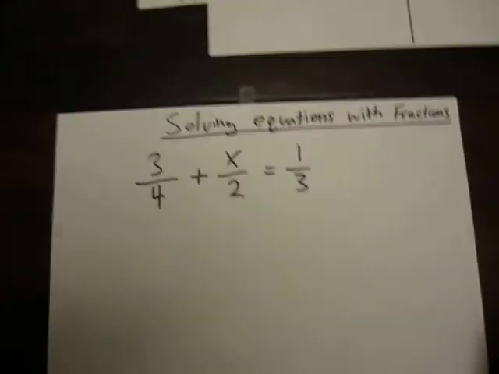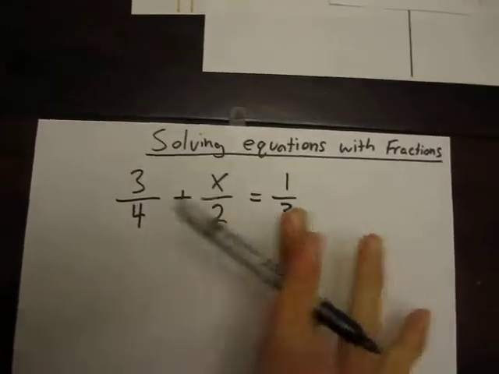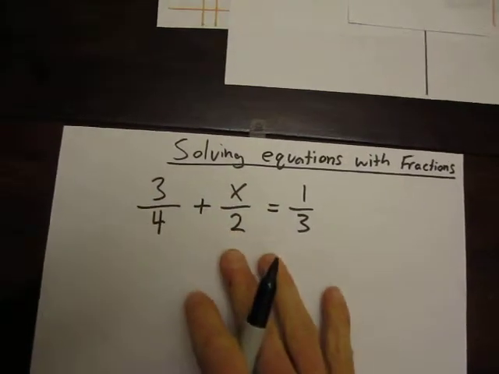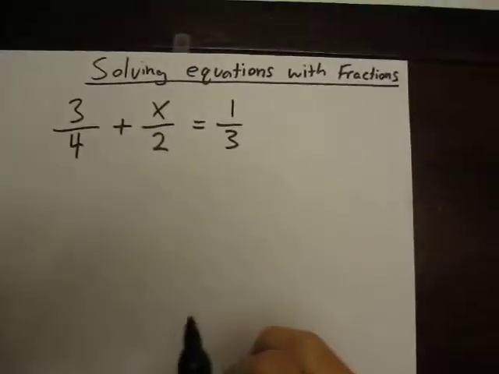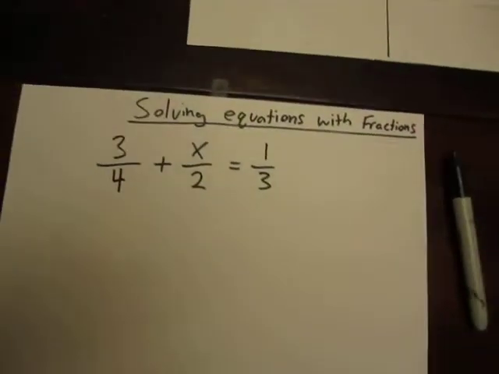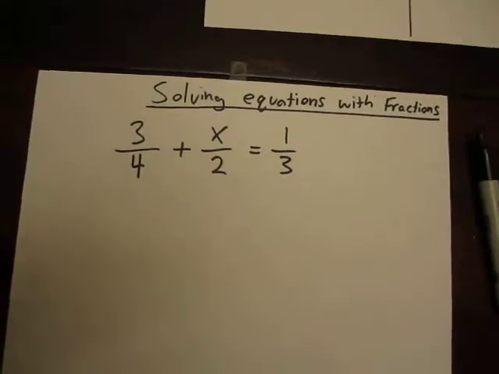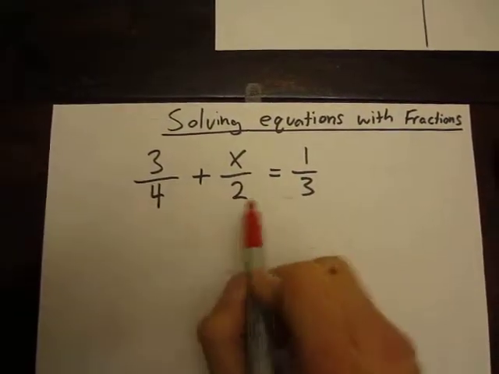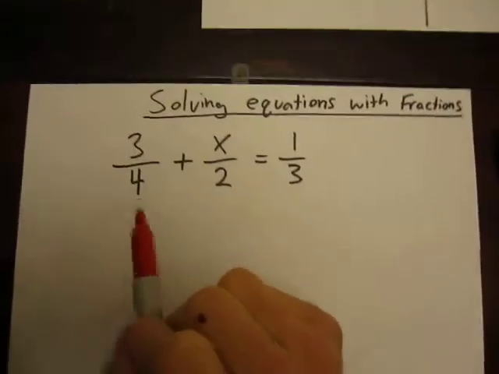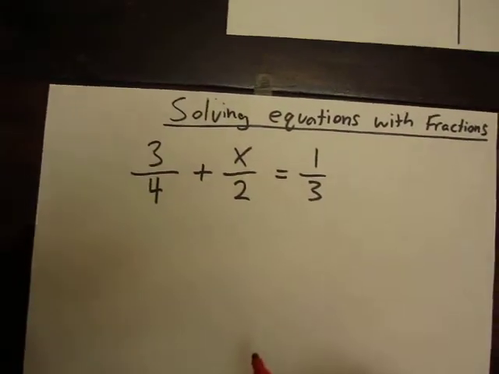So the idea here, before you start manipulating, before you try to do anything else, let's get rid of these fractions. This is really easy to do. All you need to do is find a common multiple of these four numbers. So you want to find the lowest common multiple.